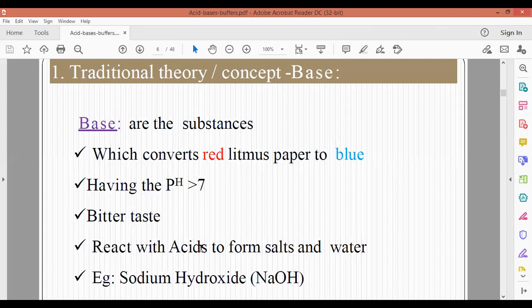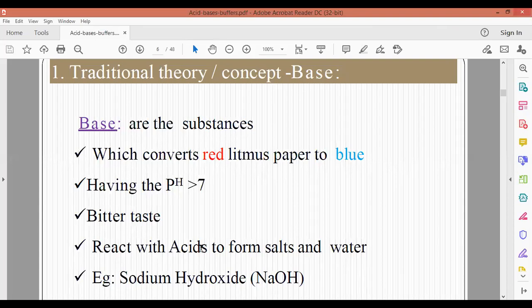Compounds showing a pH greater than 7 are basic in nature. Compounds which convert red litmus paper to blue are also called a base. An example is sodium hydroxide.